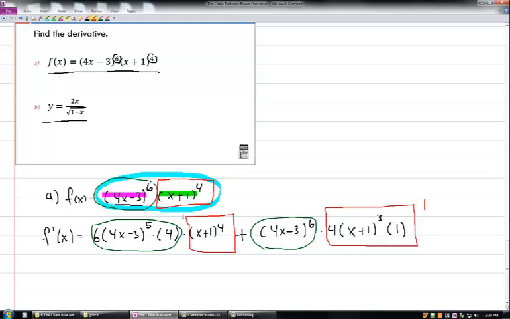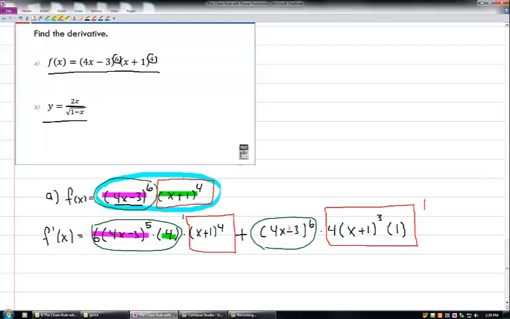Now inside the product rule, when I take these derivatives, I'm using a chain rule. So here you'll notice that this is a derivative of the outside. The outside function is to the 6th power, so I take its derivative, which gives me 6 times 4x minus 3 to the 5th, and then I'm multiplying by the derivative of the inside, which is 4, because the derivative of 4x minus 3 is just 4.